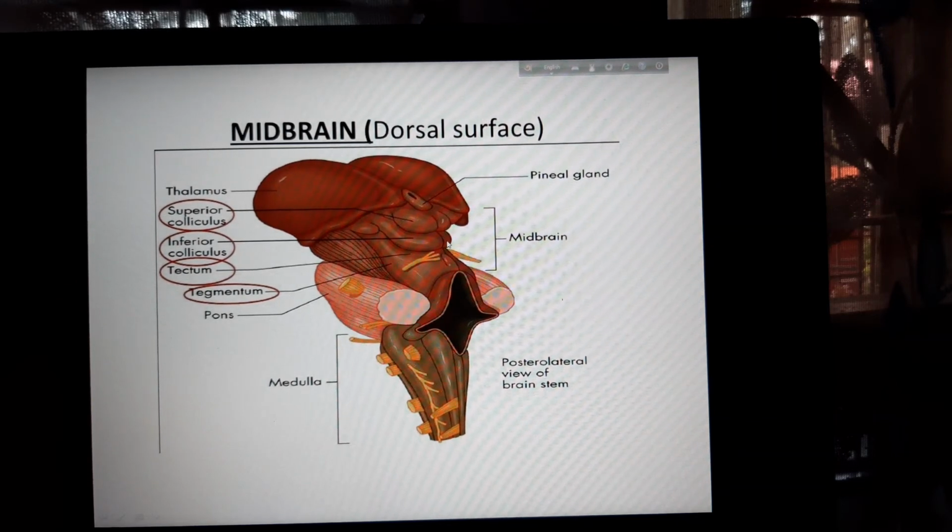It consists of two heavy fiber tracts, called the crura cerebri and corpora quadrigemina.